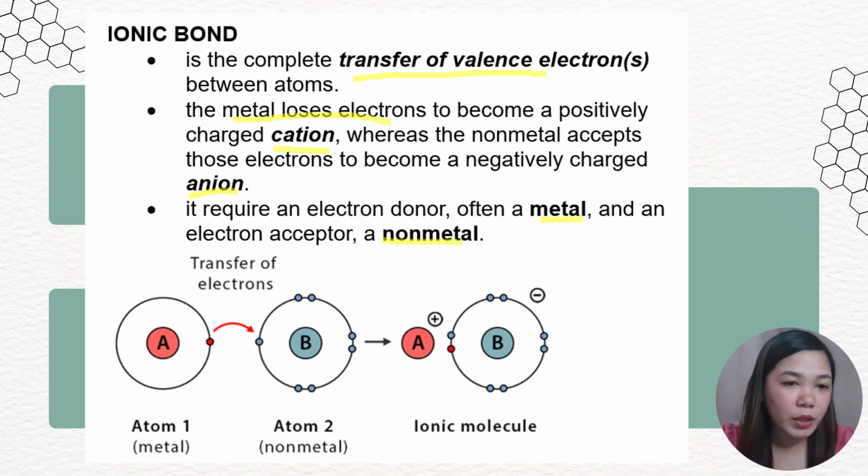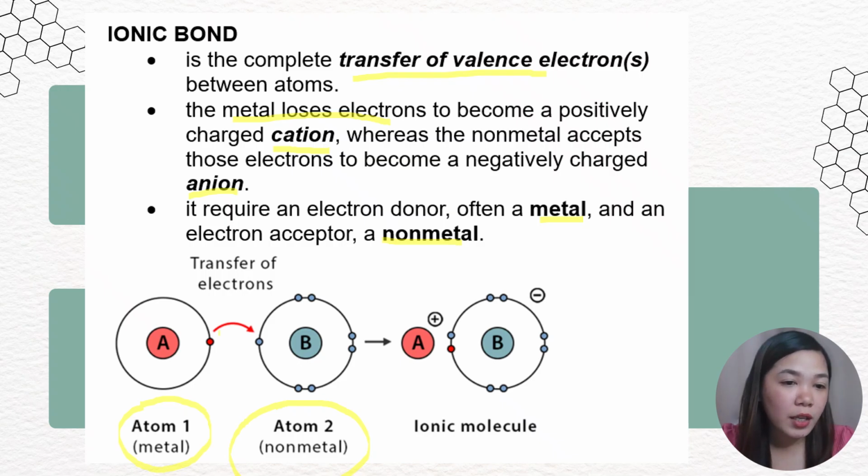So in our illustration, you will see here an atom 1. Let's say this is the metal. And then the atom 2, which is the non-metal. The atom 1, the metal, is going to lose its valence electron and become a positively charged cation, while the atom 2, the non-metal, is going to accept the electron that was given by atom 1 to become a negatively charged anion.